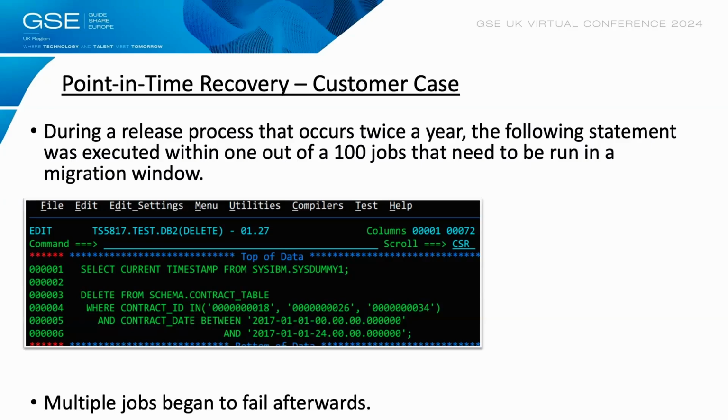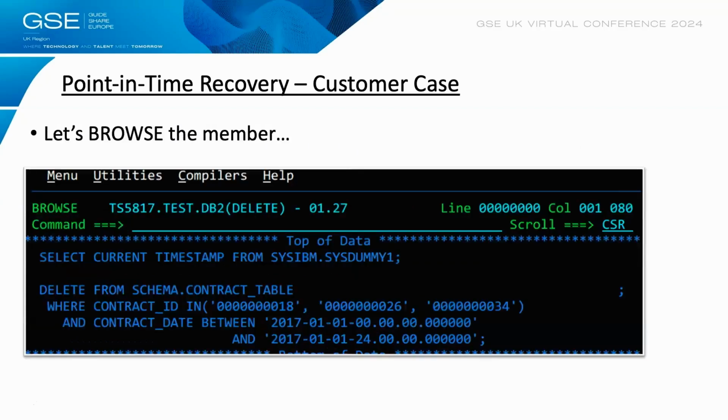Several jobs failed, and they spent ages looking at this, trying to think, well, what have I done? What's causing all these problems? And everyone's running around everywhere. It took them a while, but they looked at the output, the result from the output, in SPUFI. And this is what they saw once they put it into browse.